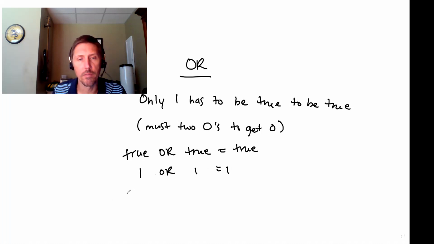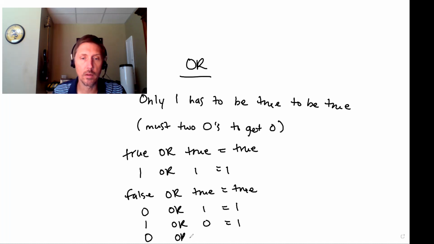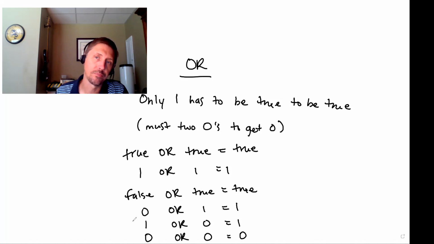And so if we had a false thrown in there, it wouldn't matter. As long as one of them is true, we can still get a true. That's 0 OR 1 equals 1. So if I reverse that, 1 OR 0 also equals a 1, because one of them's a 1. And the only case where you get a false or a 0 is when you're ORing two zeros or 2 falses together, right? 0 OR 0 equals 0.